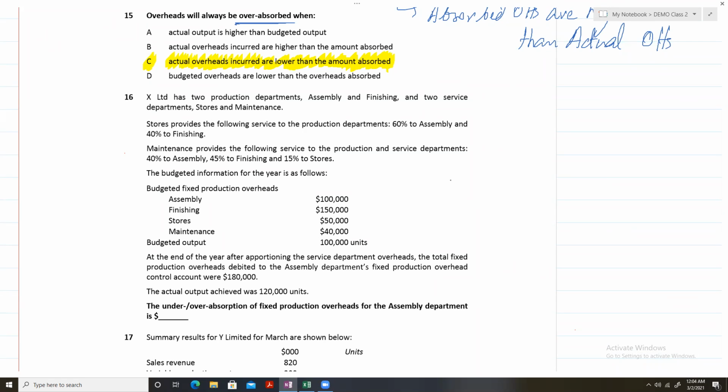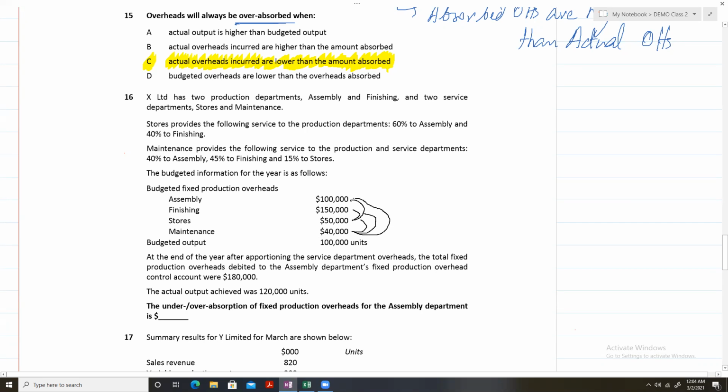You need to reapportion overheads of the two service departments, stores and maintenance, to the assembly and the finishing departments.